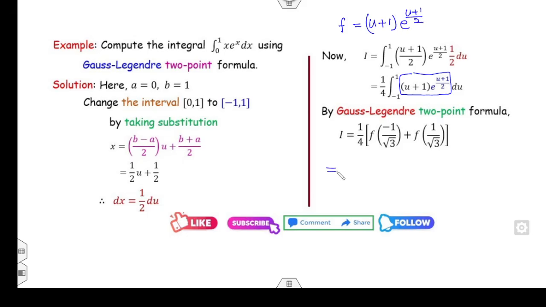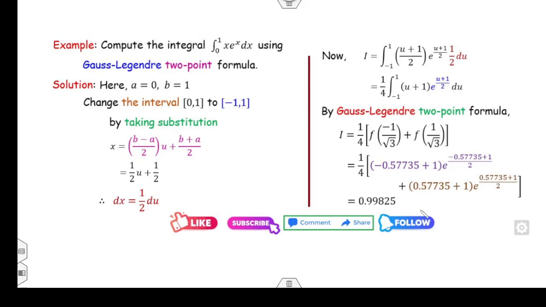So I can substitute the value. 1 over 4 is outside. For u = -1 over √3, (-1 over √3 plus 1) e raised to power (-1 over √3 plus 1) divided by 2. Similarly, for the second part, (u plus 1) e raised to power, and after using the calculator, you will get the right answer is 0.99825.